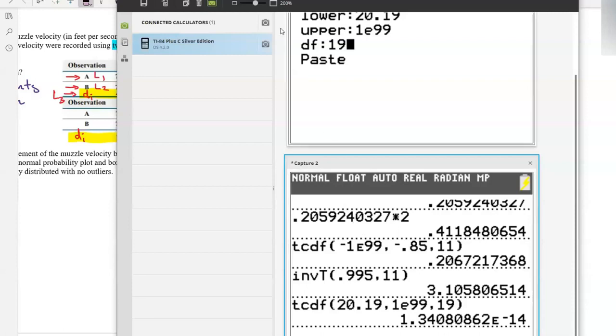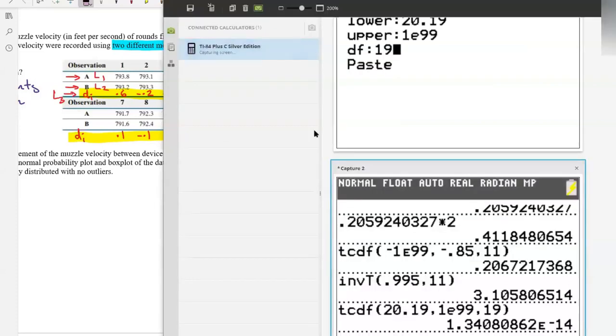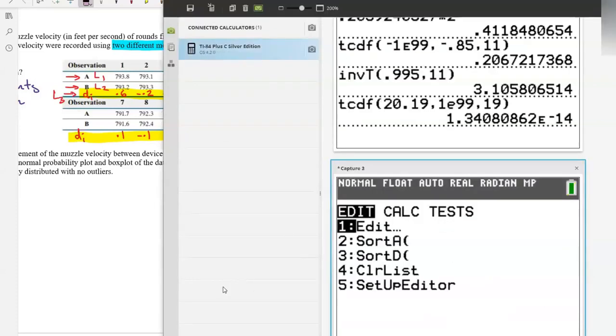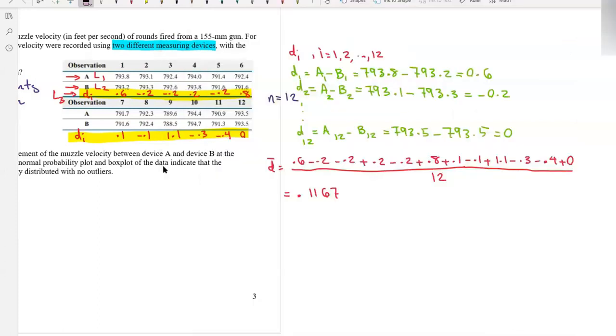Okay, so we're going to use the TI-83/84 and enter all these data into the calculator. So use stat, edit. And enter what we have for A. The first row here from 1, 2, 3, 4, 5, 6, and also here we have 7, 8, 9, 10, 11, 12.